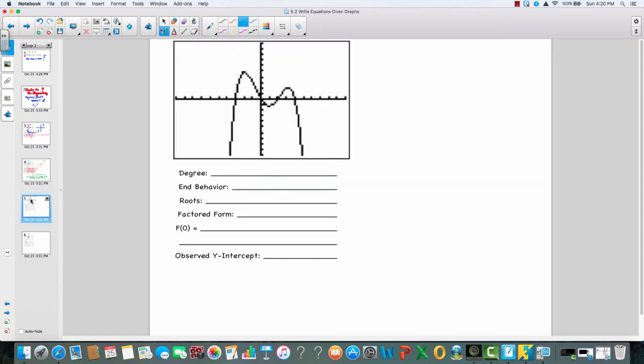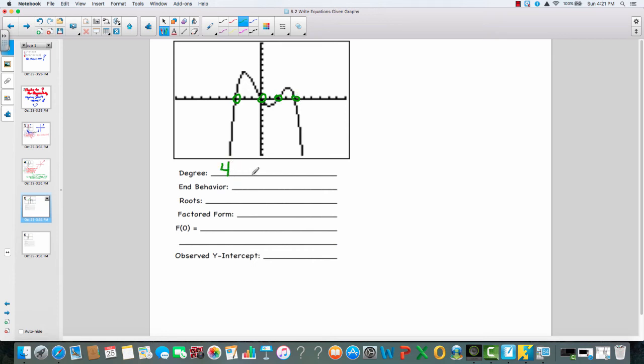So for these next two examples, I'm not giving you the equation to put in your calculator. You're just seeing the picture that came out of my calculator. So I know the answer, but I'm going to help you figure this out. So let's start with the degree. What is the degree of this function? 1, 2, 3, 4. Fourth degree.